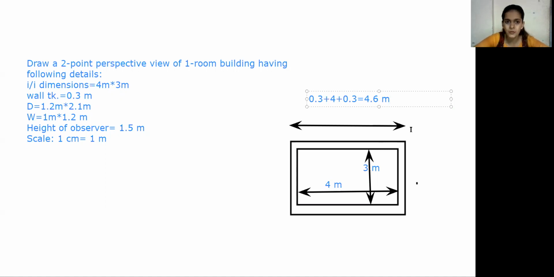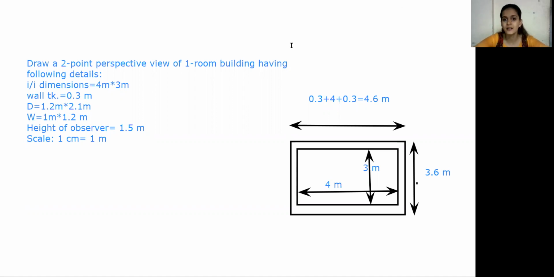Similarly, for the other side, 0.3 plus 3 plus 0.3 means it will be 3.6 meter. So here 4 by 3 is in-to-in dimension, but 4.6 by 3.6 is out-to-out dimension. And why is there a difference? Because of the wall thickness, which here is 0.3 meter.